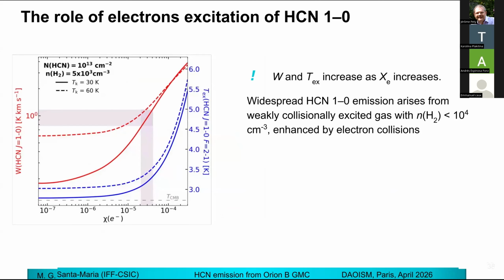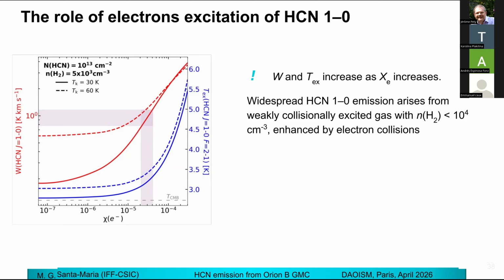So what is the role of the electrons that Miriam has been asking about several times today, and why is it important? As I said, our models have collisional rates with electrons, and what we see is that the line intensity and the excitation temperature increase as the ionization fraction increases.